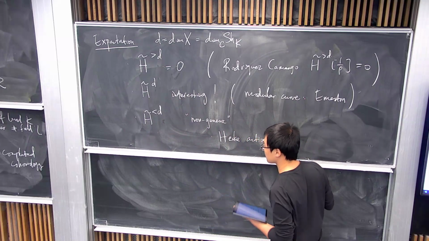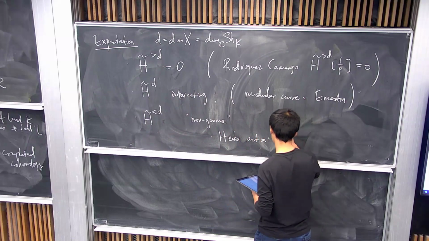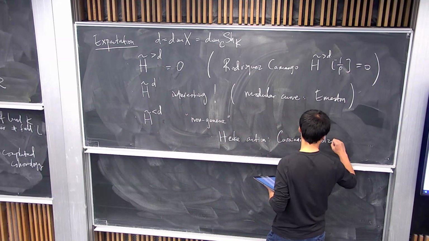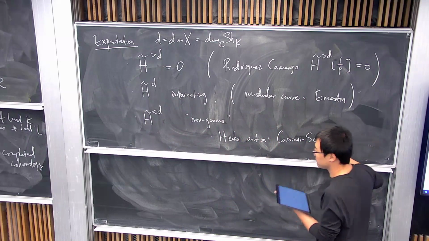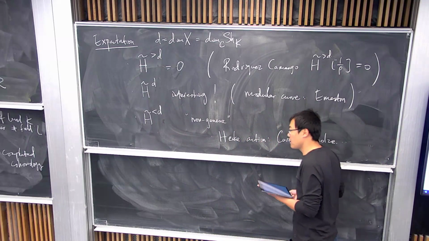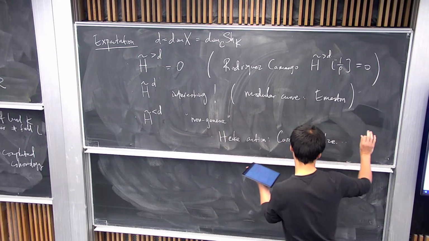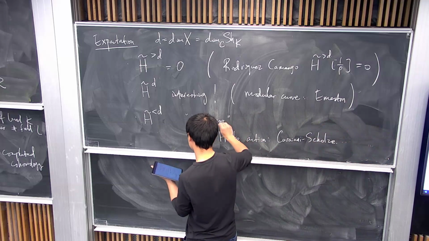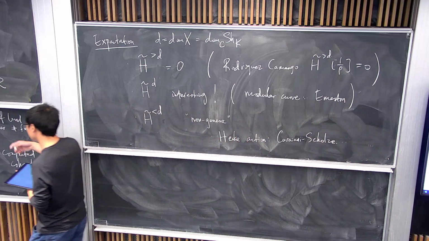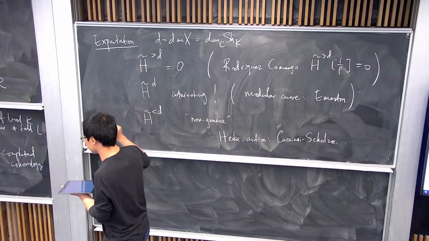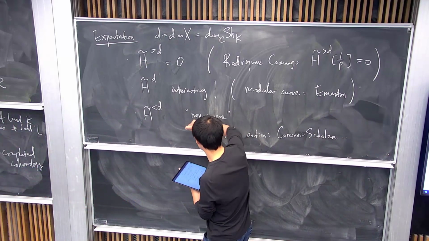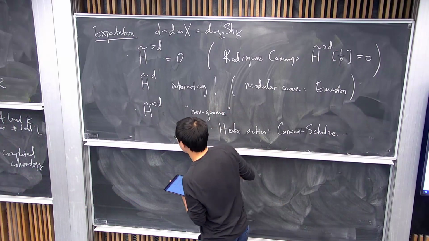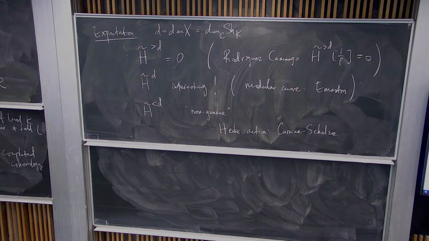At least in the case of compact type, this was first shown by Scholze, later generalized by many people, I guess Koshikawa and Lee. Sorry, I'm not too familiar with the current status of this part. But the idea is that if you look at the system of Hecke eigenvalues appearing below middle degree, they can't be arbitrary. They have to satisfy some condition. And the goal of this talk is to really focus on these two actions.